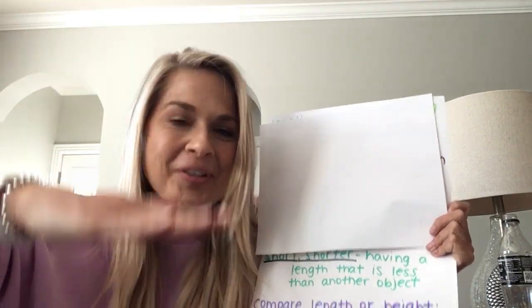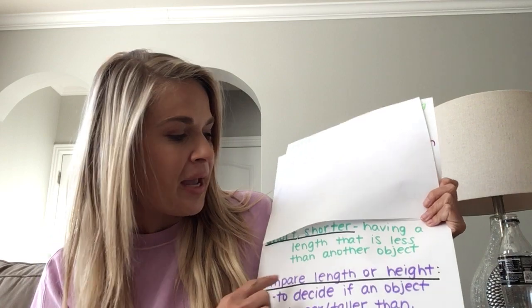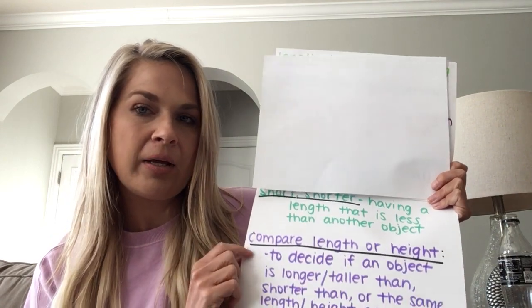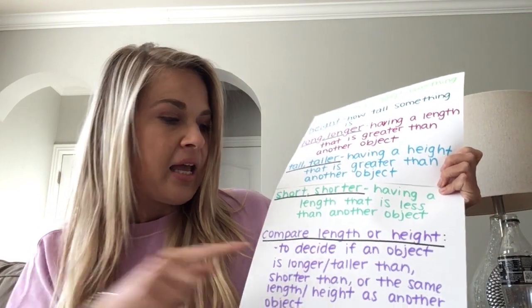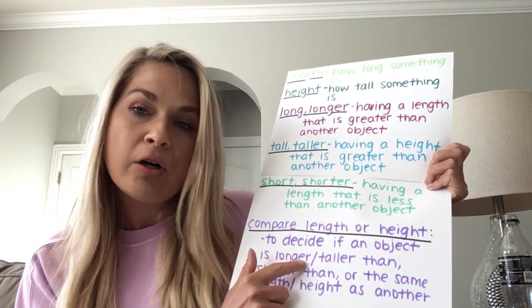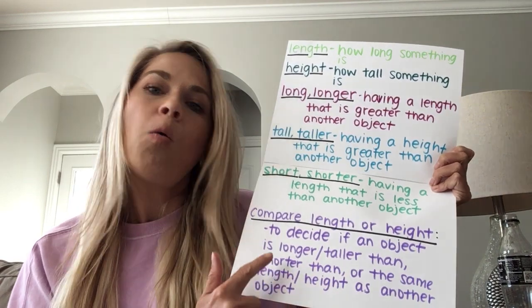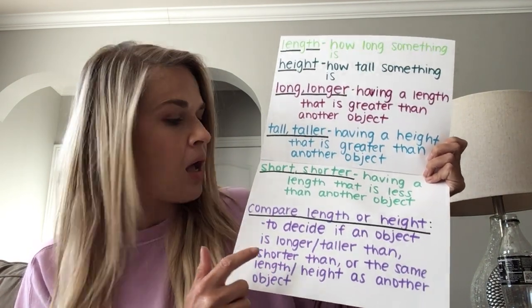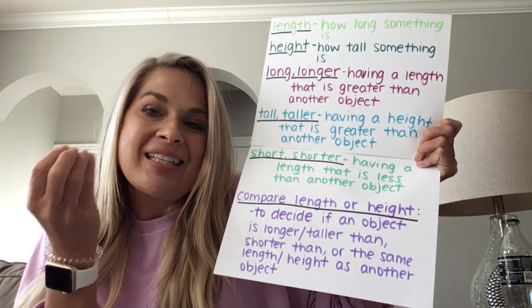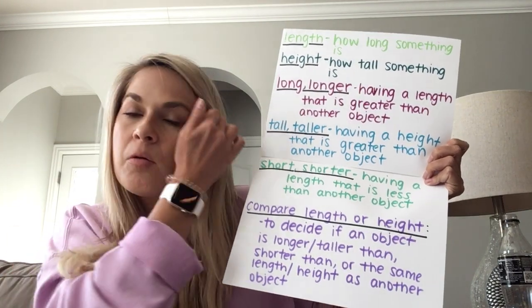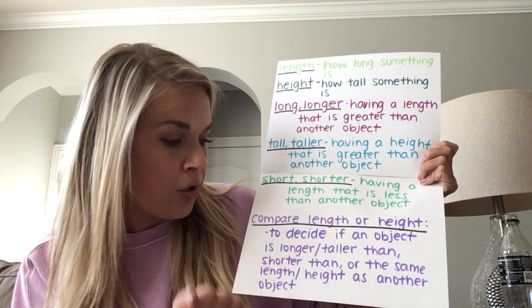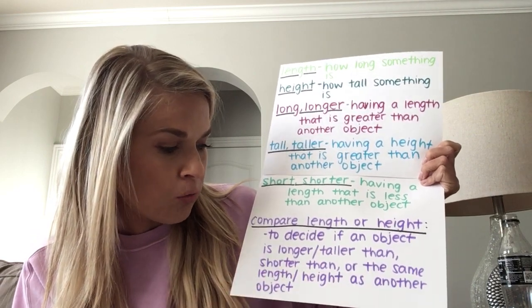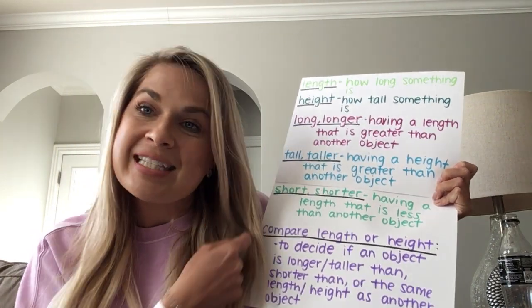And when we can compare length and height, we're deciding if an object is longer or taller than, or if it's shorter than an object. And then it can even be the same height or the same length. So when we're comparing, we're figuring out which one's longer or taller, which one's shorter, or if they're the same, okay?